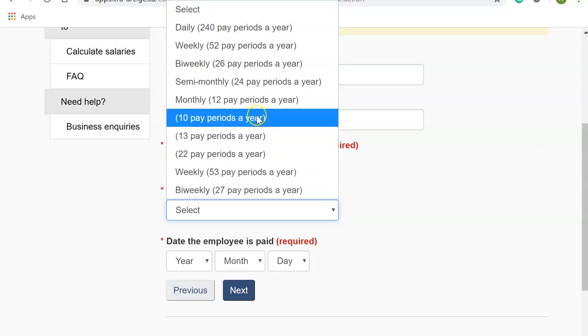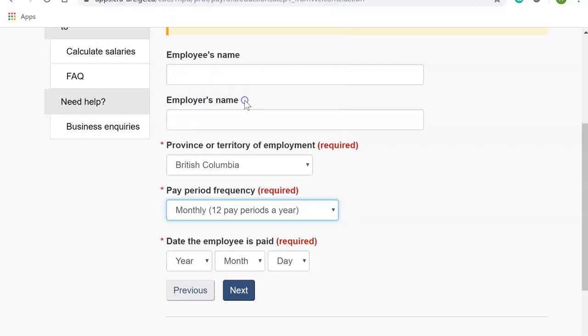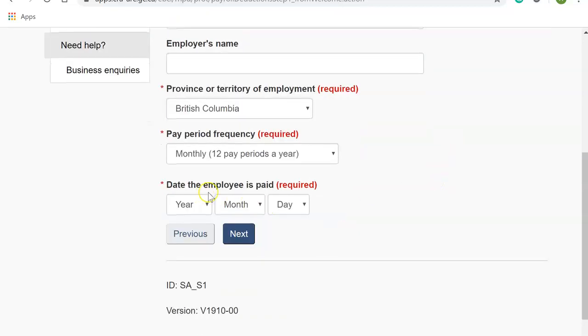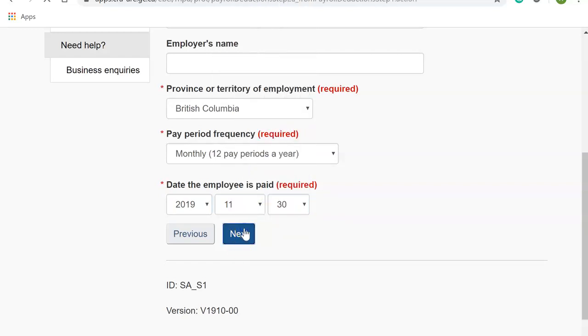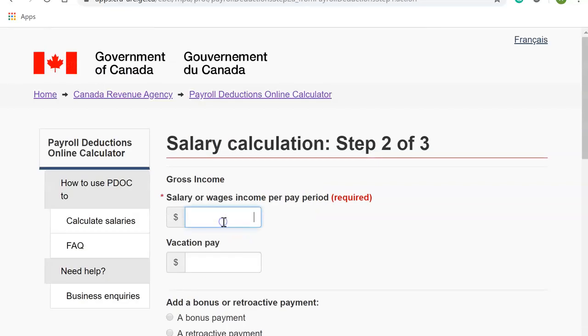Then I'm just going to assume my pay frequency is monthly. And let's just say we're doing this for the end of this month, so November 30th. And I have to put the $10,000 in, so $10,000.